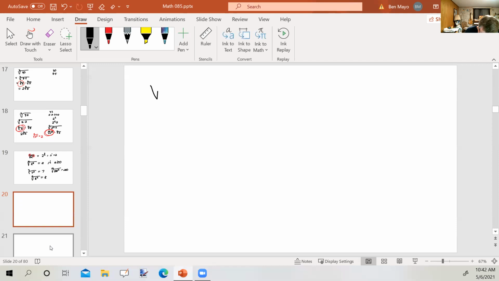So we've got the square root of 50x squared. Since I'm taking a square root, I want to break the radicand down into squares and leftovers. 50 is 25 times 2. 25 is a square, 2 would be the leftovers, and then x squared is also a square.